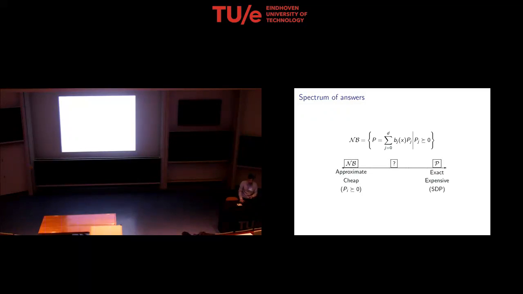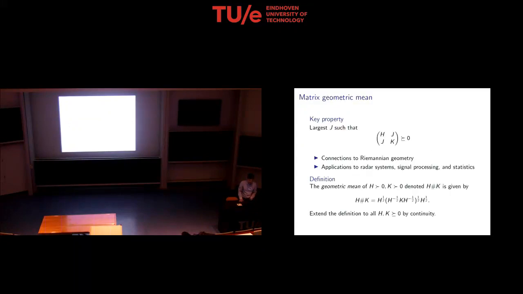The Bj are non-negative, and so any conic combination of the Pj is also non-negative. And so that would imply that P is positive semi-definite for all x. And again, we ask the question, can we put something in between? And we're going to have the same answer. But first, we have to talk about the geometric mean.